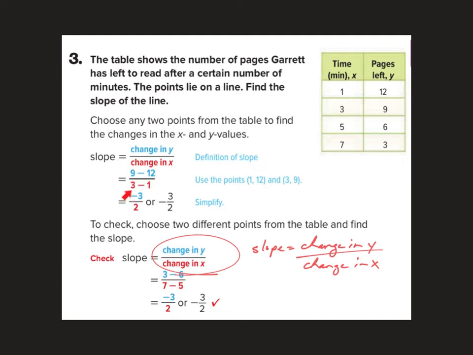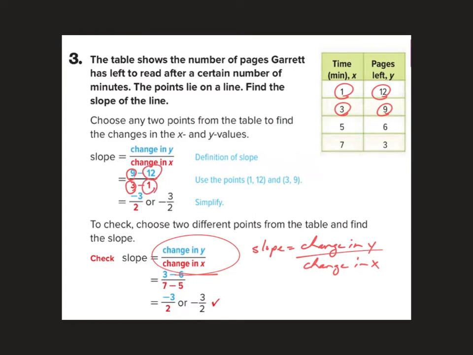Then we're going to take this value, 3 for x, and subtract this value, 1 for x, as well. What's really important to note, we have to take the corresponding pairs. So we took 9 and 3 right here, and we took 12 and 1 right here.